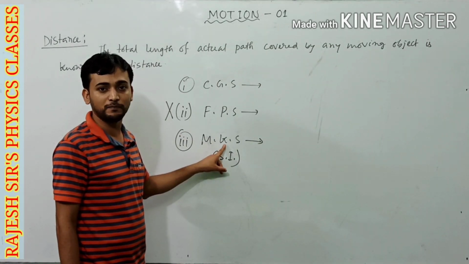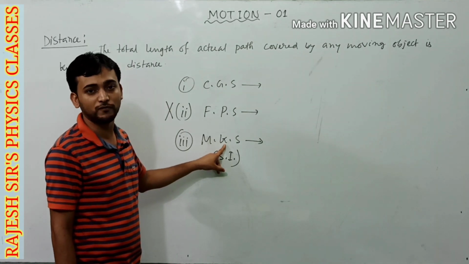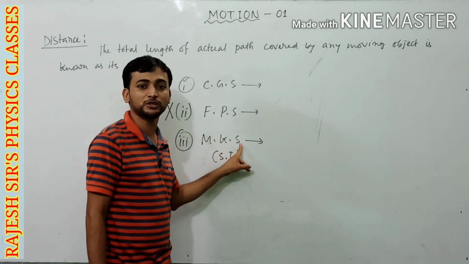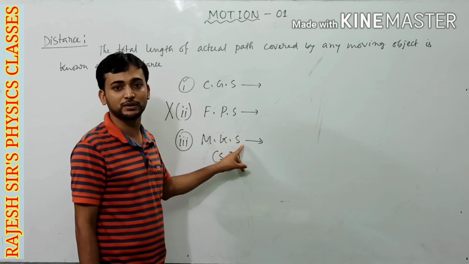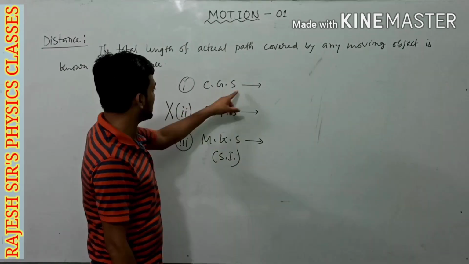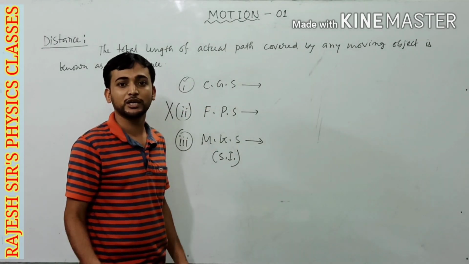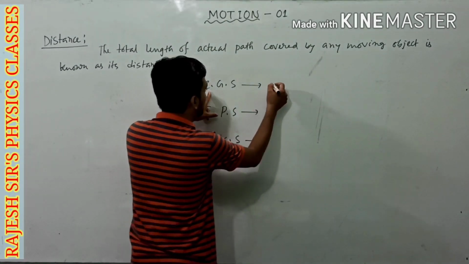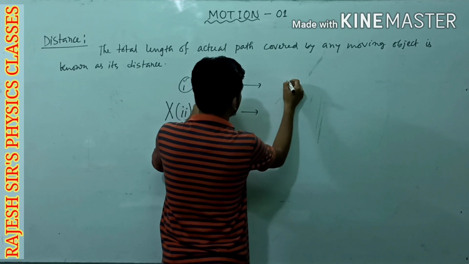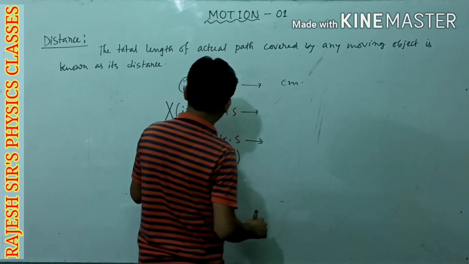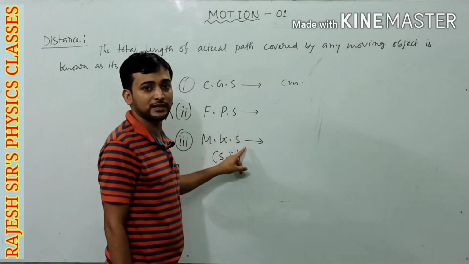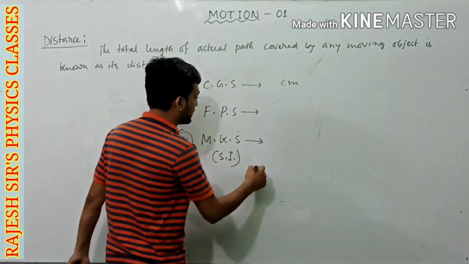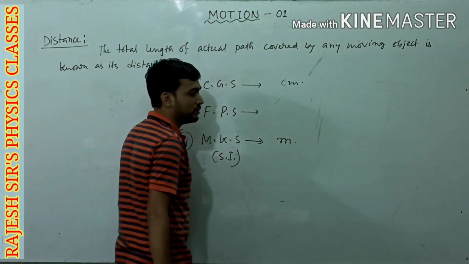K for kilogram. Kilogram comes as the unit of mass, and S for second. Second comes here as the unit of time. So in CGS unit system, what will be the unit of distance? Since distance is a length, the CGS unit of distance is centimeter. And the MKS unit, that is the SI unit of distance, is what? Meter. Understood?